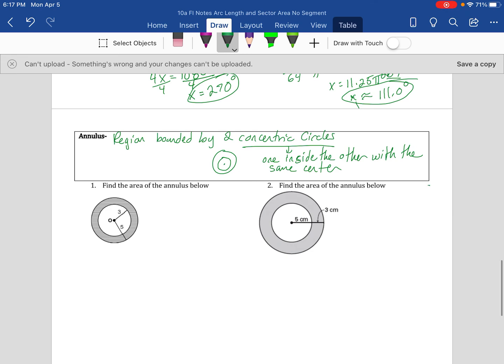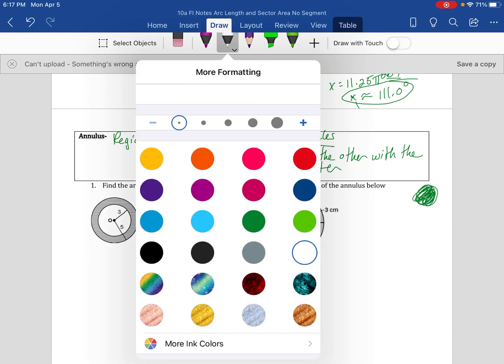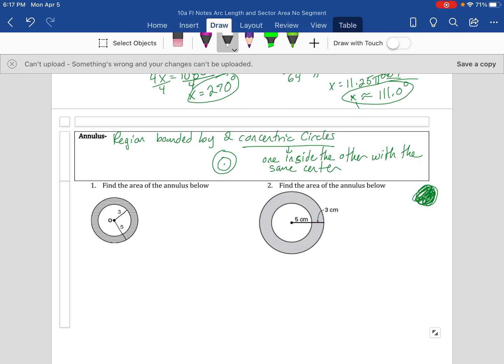Now basically for these, to find the annulus, what you do is you find the area of your whole circle, of the bigger circle, and then you subtract, and that didn't work as well as I wanted it to. So let's try this again. You can find the area of the whole circle, and then you subtract the inside, the small circle, and that will give you the area that is left.